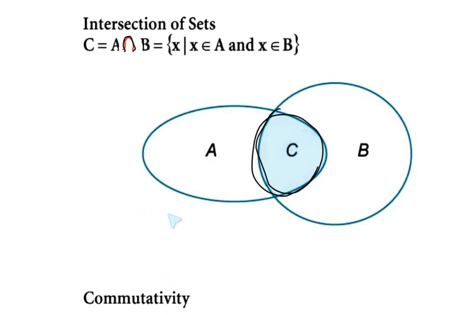And also A intersection B is equal to B intersection A. Both are the same, because whether you intersect A to B or B to A, we will get the same answer. So commutativity applies to the intersection of sets.